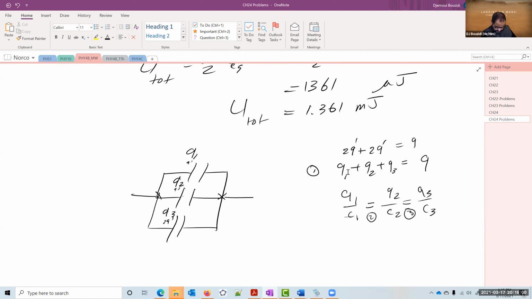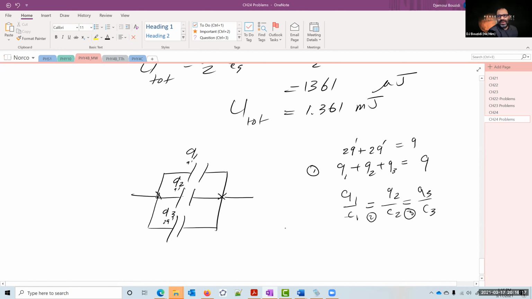They are then reconnected in parallel with the positively charged plates connected. What is the voltage across each capacitor in the parallel combination? Okay, once you find any of these charges, you just divide it by the capacitance of that plate, and that is the same voltage everywhere. So that answers that question.